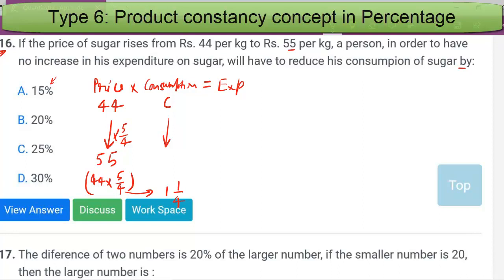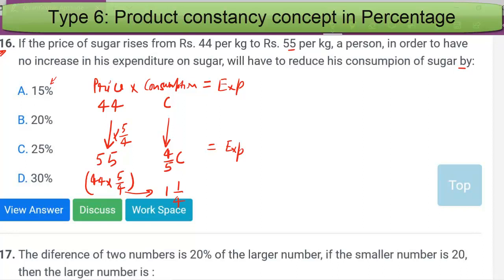That means the consumption has to be 4 by 5 of the earlier one. Why? Because the expenditure has to be the same. If you multiply 55c by 4 by 5, you will get 44c, which is the earlier expenditure. So from here you get the clue that the new consumption is 4/5 of the earlier one.